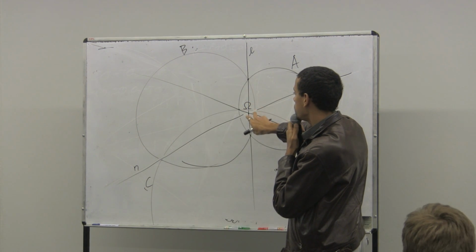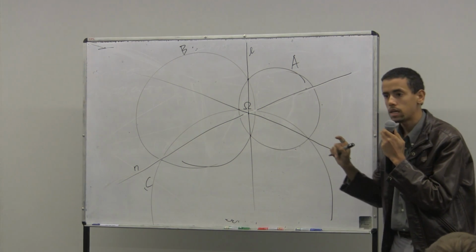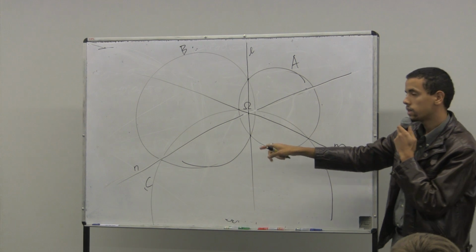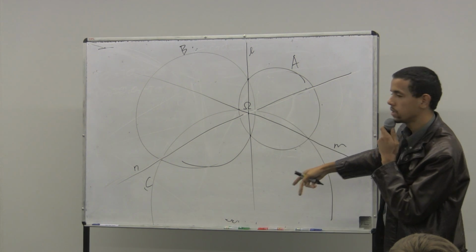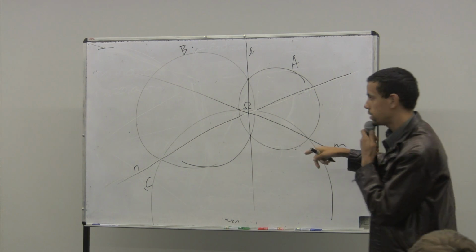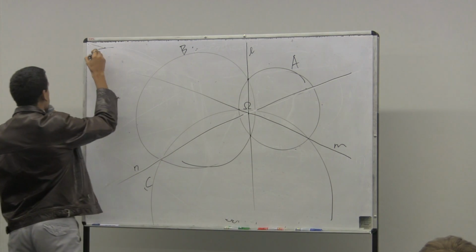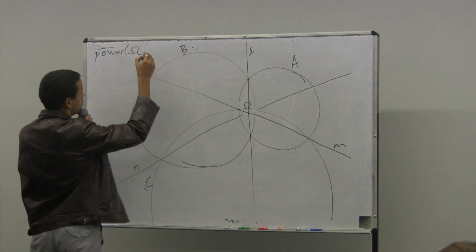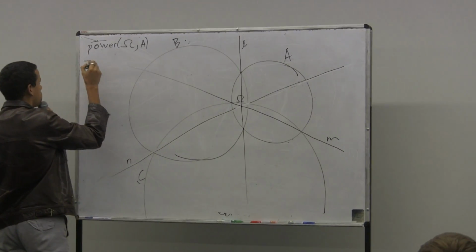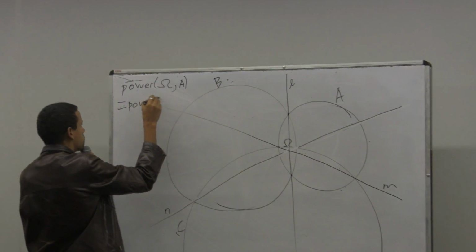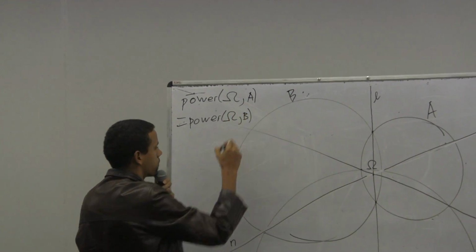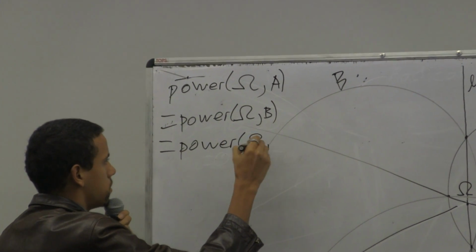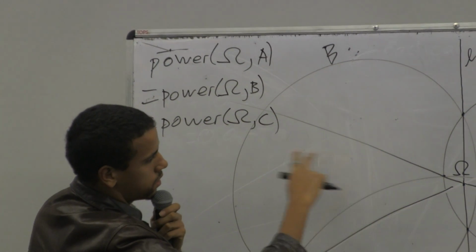So, omega has the same power with respect to A and B. Why? Because it's on the radical axis of A and B. It has the same power with respect to A and C, because it's on the radical axis of A and C. So power of omega with respect to A is the same as the power of omega with respect to B, but it's also the same as the power of omega with respect to C, because it's on that line.